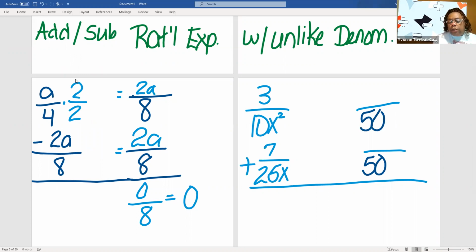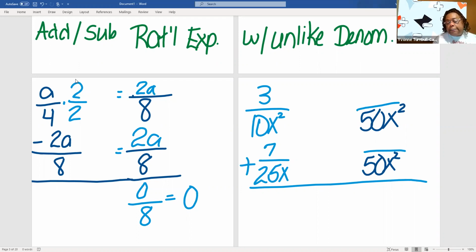Now, we know they're going to have an x in there. Remember, the largest exponent is part of your LCD. Because I can build up to something, I just can't build down. You can't build down, you break down.